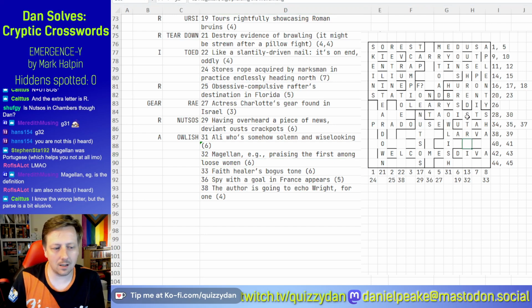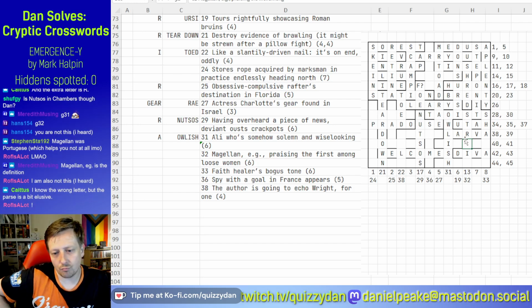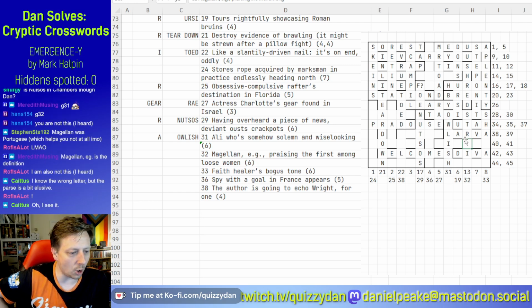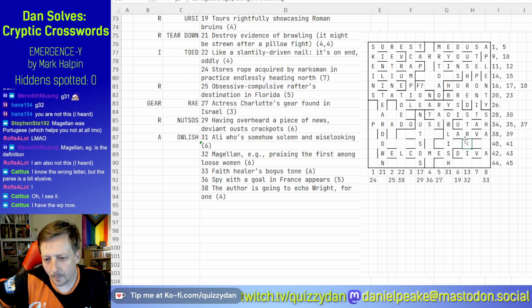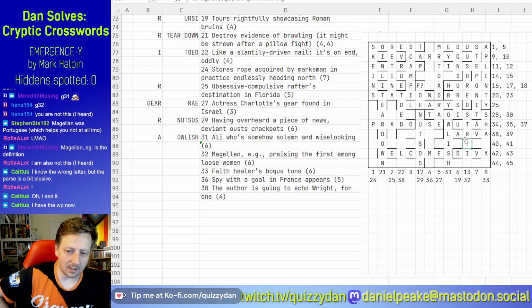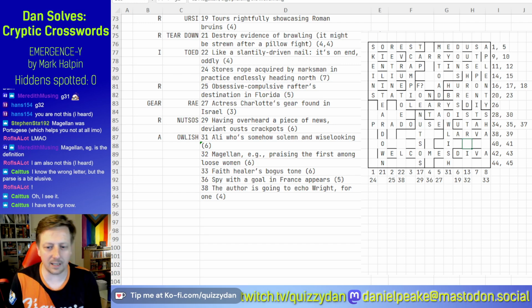So if we take... maybe we're going to move the S up to the top, or raising the first among loose. So we're going to be moving one letter. Women. Oh, I've not spotted it. He hasn't spotted it. Can I have the fourth letter, please? Let's just go for it, because it's already 9:10.